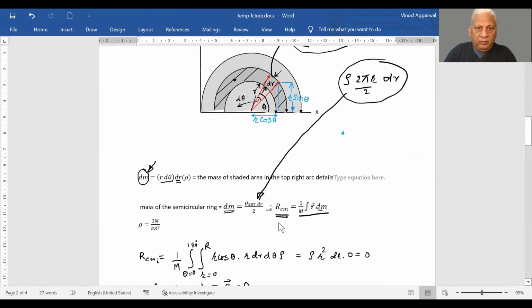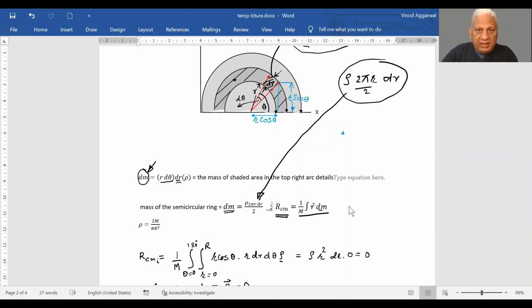Now consider this, we are taking this area as the portion in question.